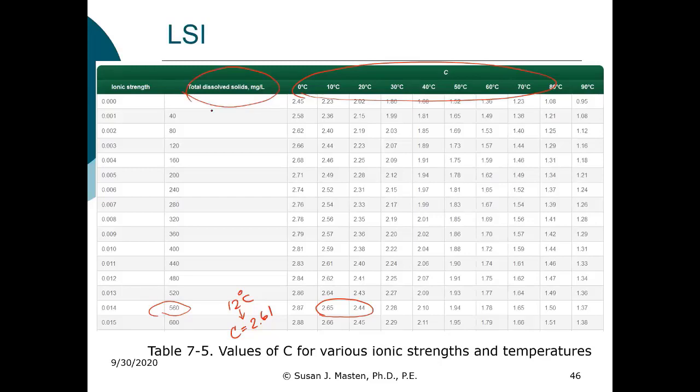So you can see for a given temperature, as the total dissolved solids increase, so does C. And as the temperature increases, you see that C decreases. So what I did was, we're at 12 degrees. I don't have a value here. I interpolated between these two values and determined the C value to be 2.61. So that's where that 2.61 comes in.